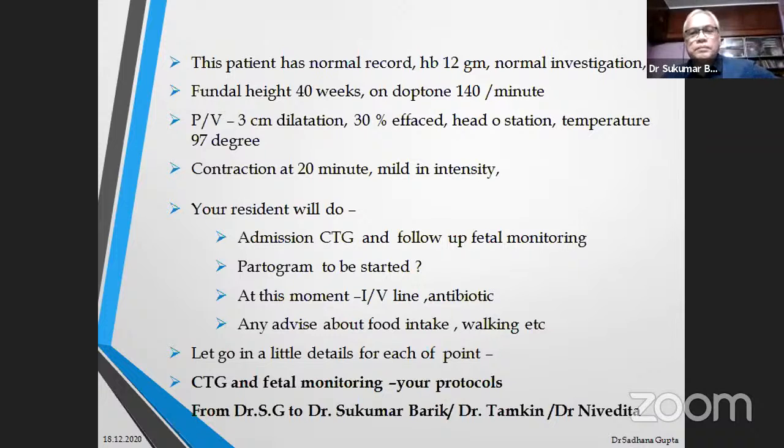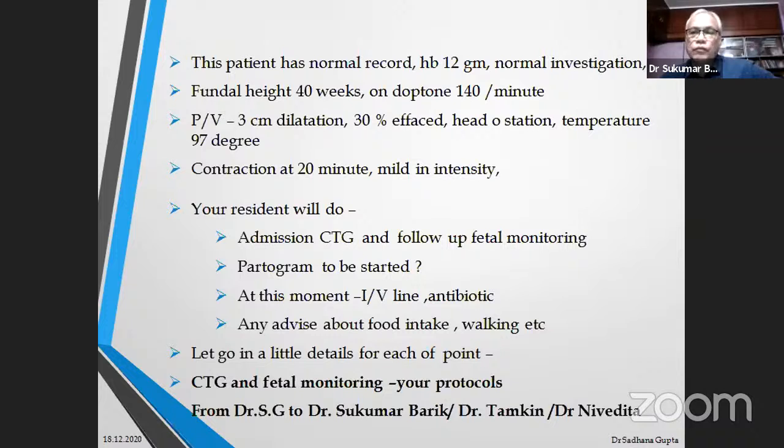Thank you very much. If you follow any guideline, then admission CTG for low risk pregnancy is not advisable. If you follow the Royal College guideline or even the WHO guideline, they do not recommend routine labor admission CTG for low risk patients.